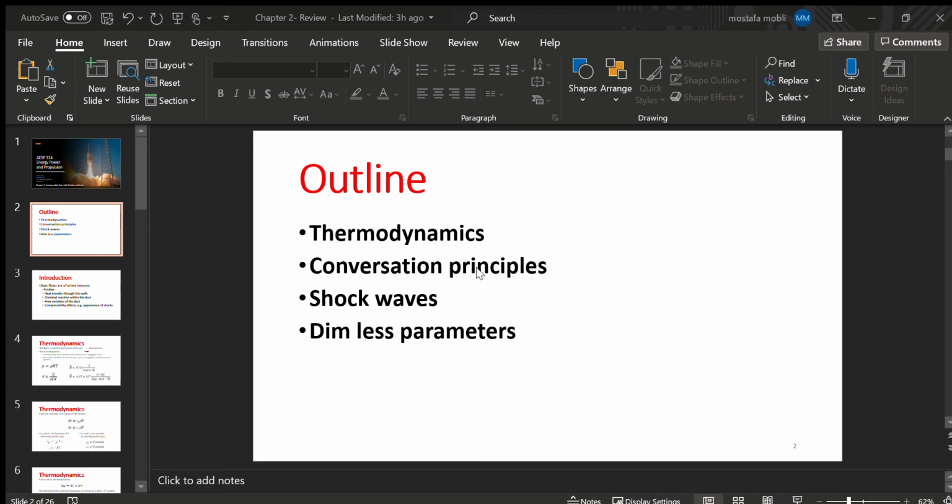Okay. We can also find gamma based on the degree of freedom of a gas molecule. What is the degree of freedom of a gas molecule? Any volunteers to answer that question? What is the degree of freedom when it comes to gas molecules?